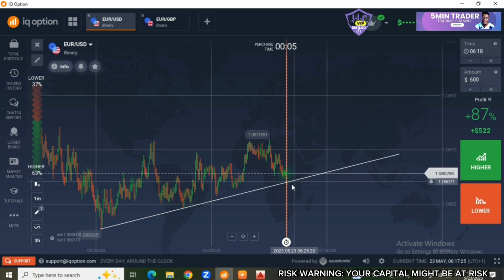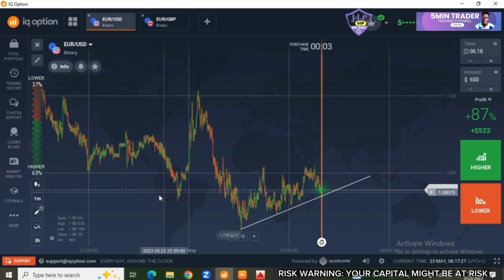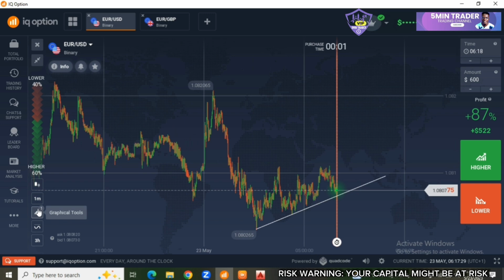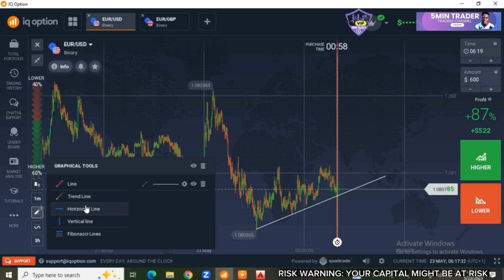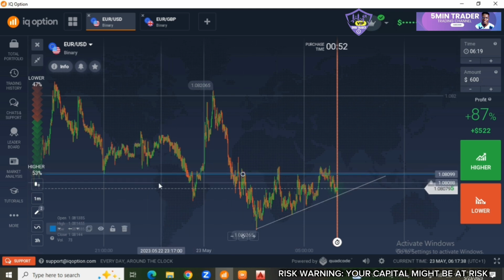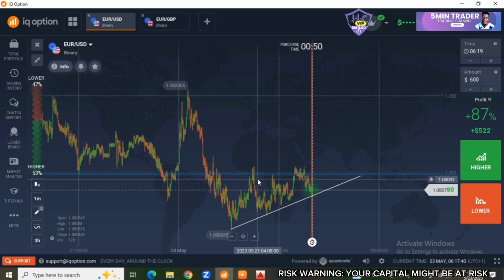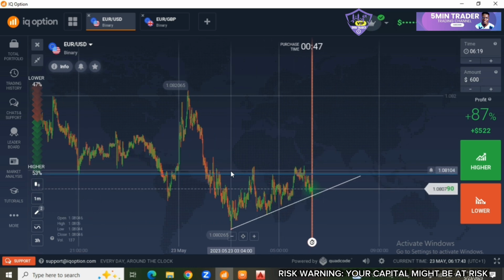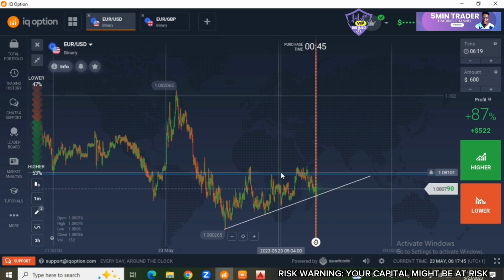So this is going to be our entry. Since the market has hit this level, the previous resistance, sorry, the market support, the market has broken it, and we can see that the market is creating equal highs.